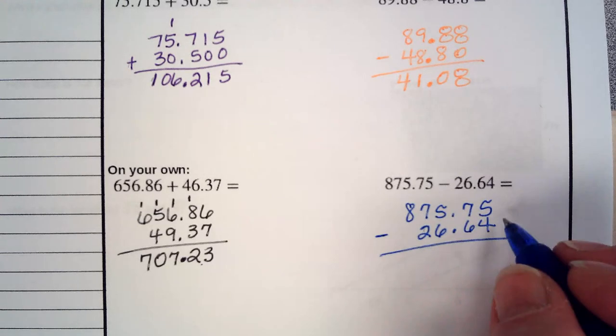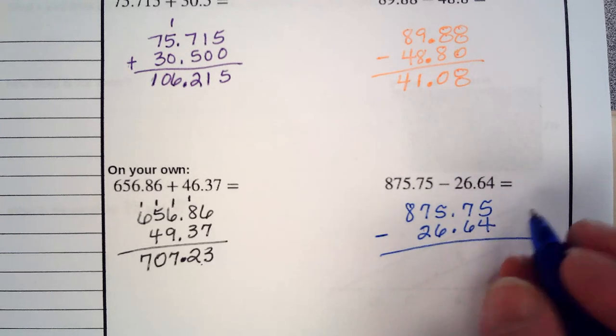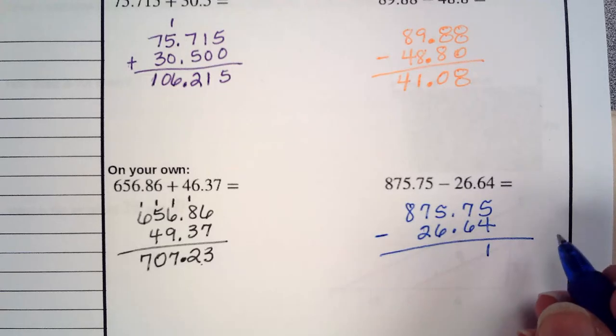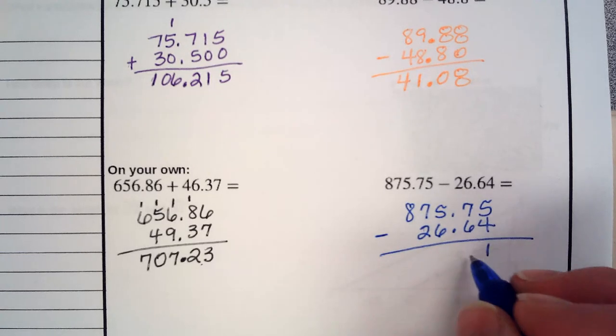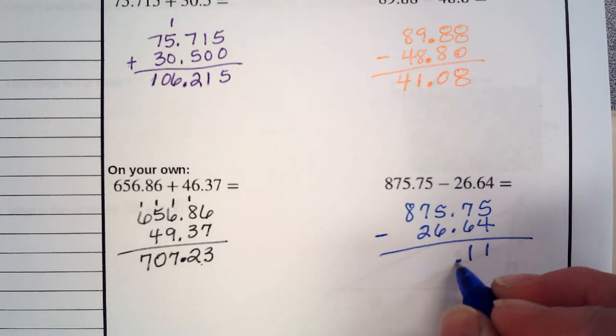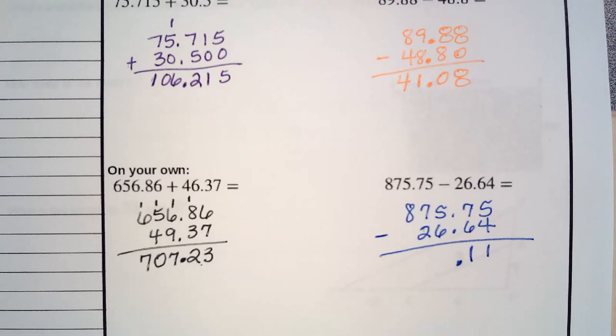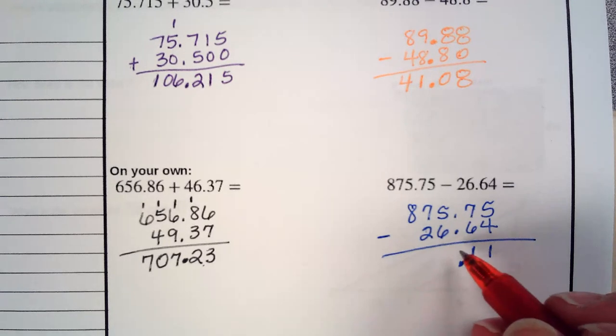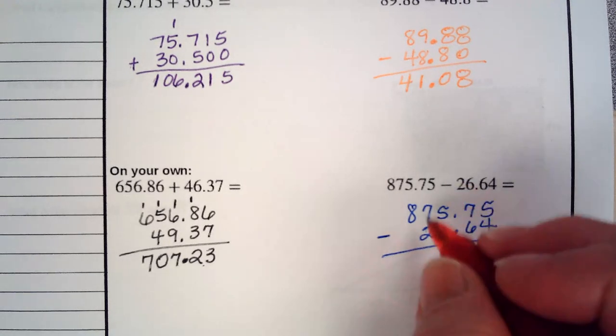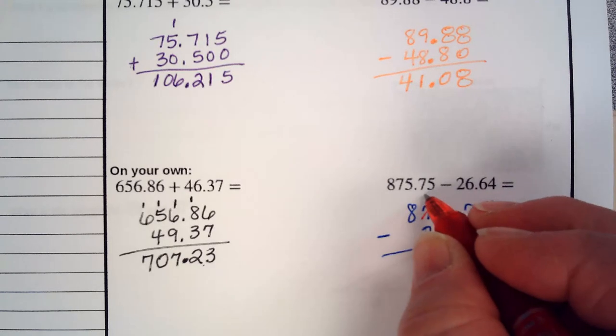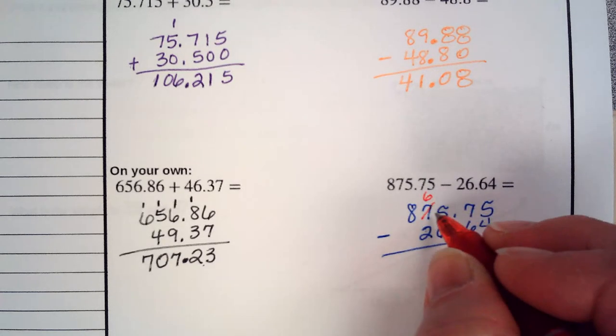We're ready to start. 5 minus 4 is 1. 7 minus 6 is 1. Put my decimal. Okay, now 5 minus 6 we can't do. It's got to be greater than 6. So I borrow 1 from the 7. It becomes 6.